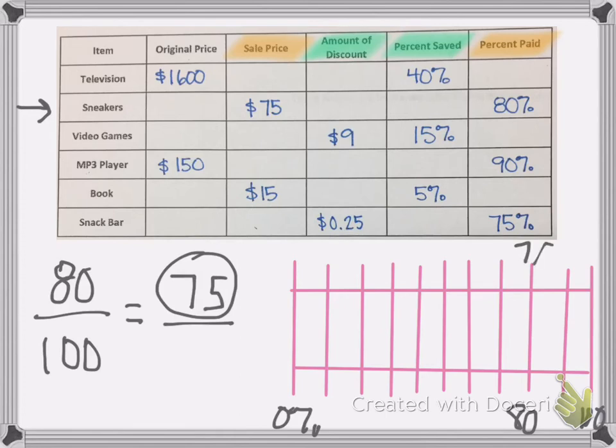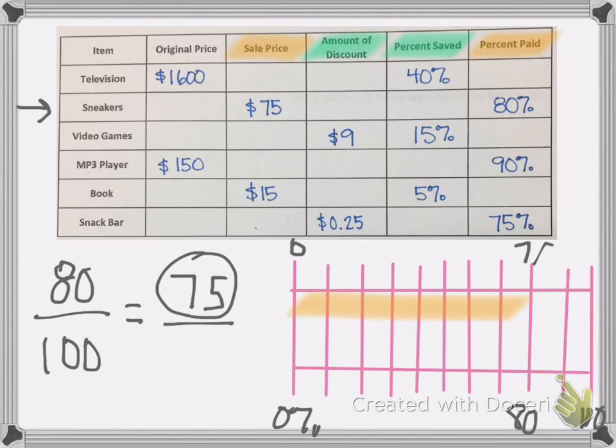So from here all the way to there, that's worth 75. Well, that's 8 lines. So 75 divided by 8 is 9.375. I know that every line is worth 9.375. Well, I've got 10 lines.